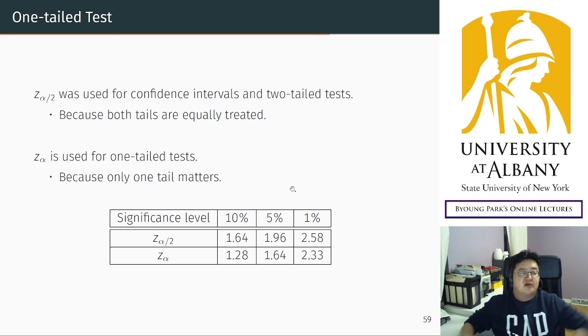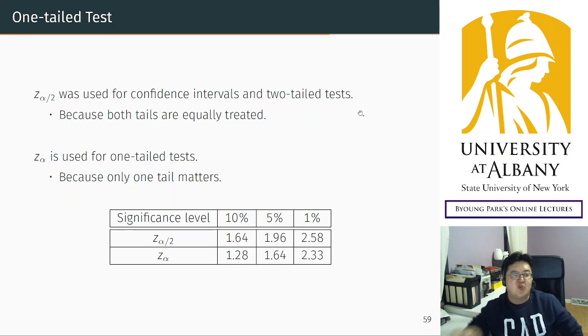Okay, and then z alpha over 2 was used for confidence intervals and two-tail tests. Now you must be familiar with those numbers. We have used those numbers many times before. The idea is that we treat both sides equally.